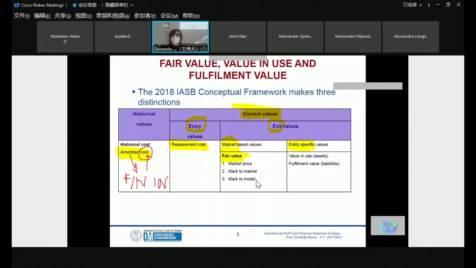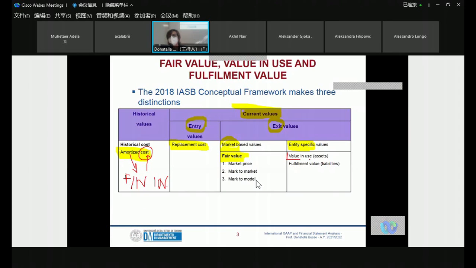The fair value is an exit value based on the market, and the market is the same for all the companies. Entity specific values, this means that they depend on the single specific company. Today we focus on the fair value.